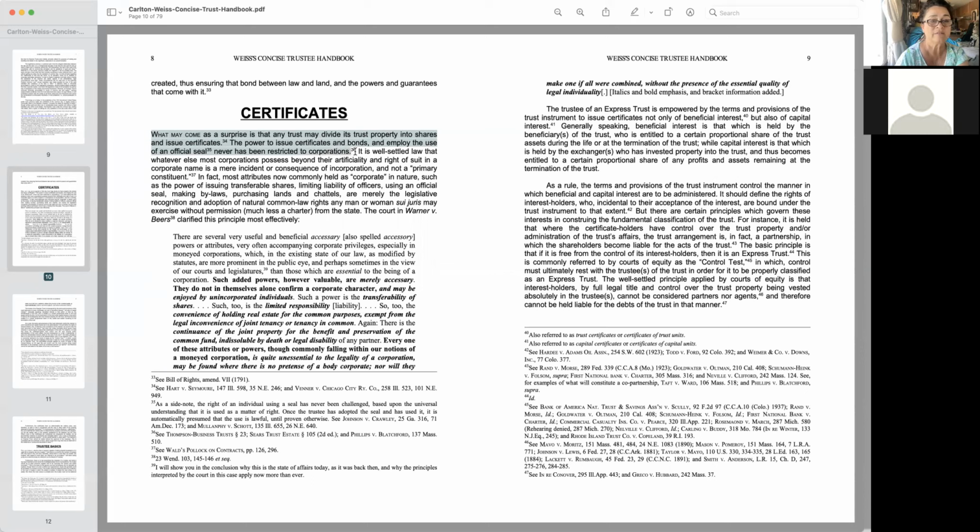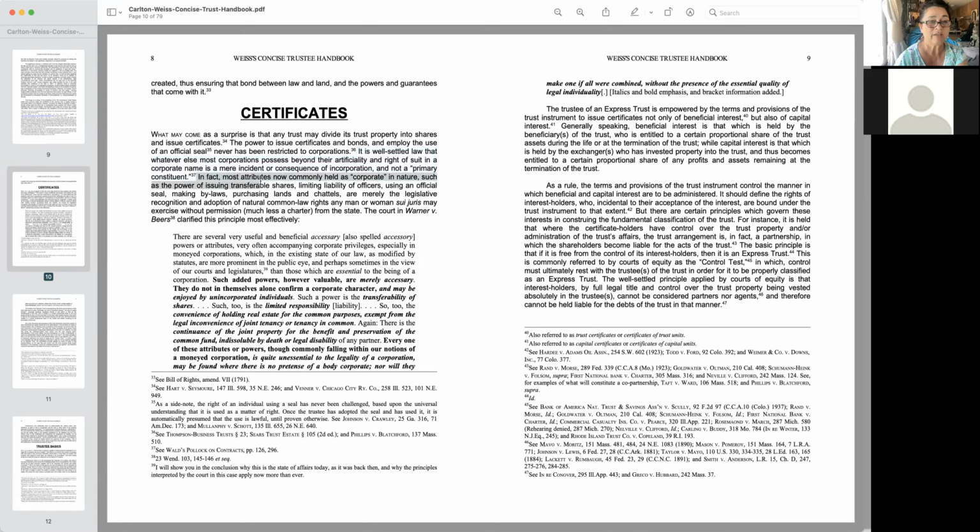Wow, that's good to know. It is well settled law that whatever else most corporations possess beyond their artificiality and right of suit in a corporate name is mere incident or consequence of incorporation and not a primary constituent.